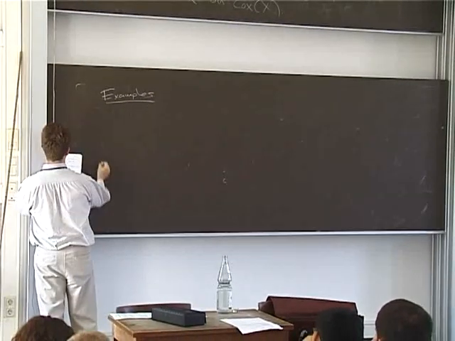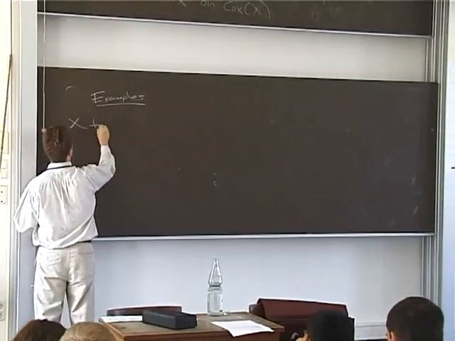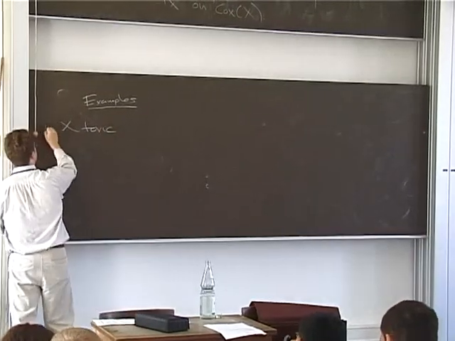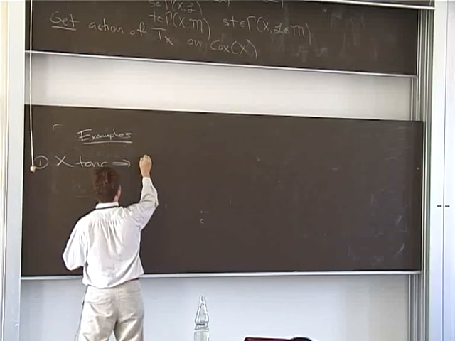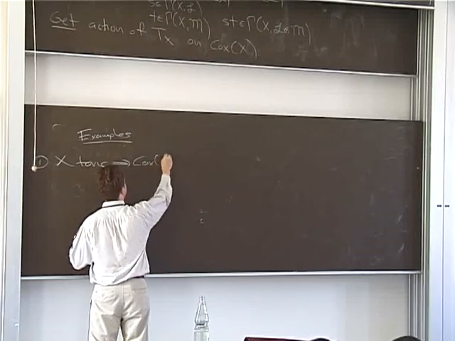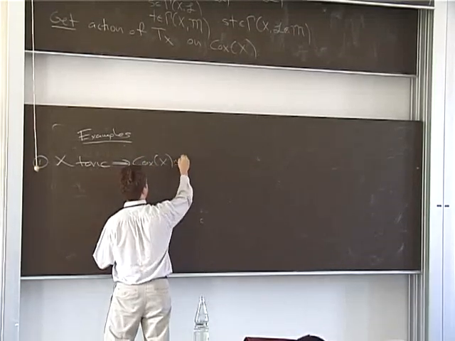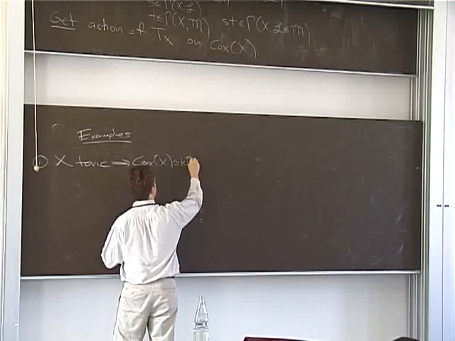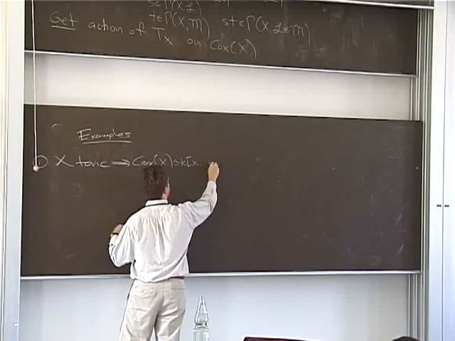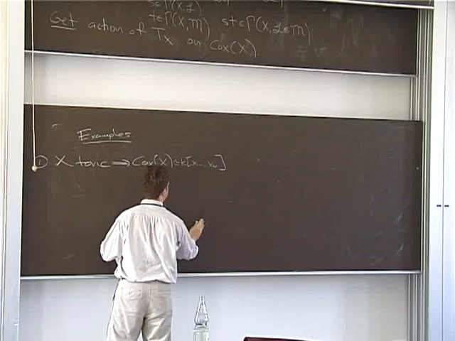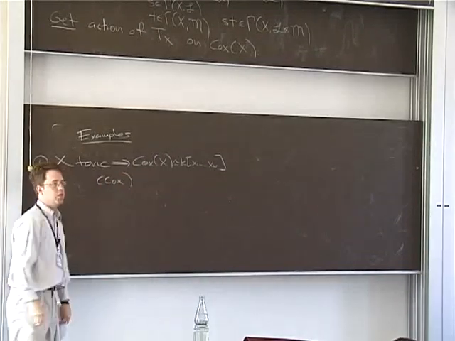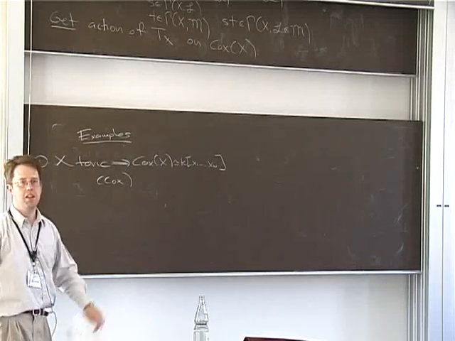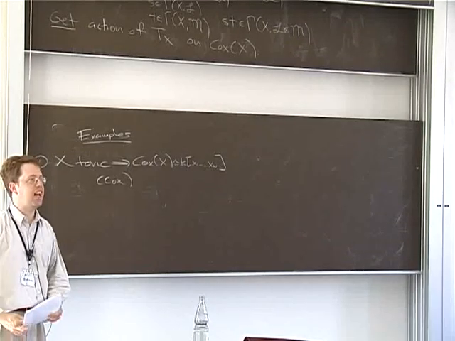So the first case is, let's say that X is toric. Then Cox X is isomorphic to a polynomial ring. This is a result of Cox, which is why I at least attach his name to this.